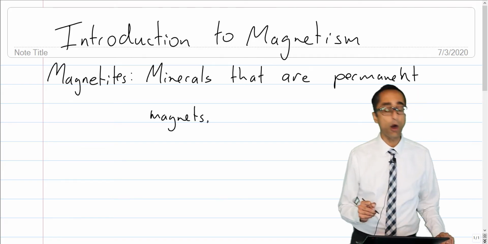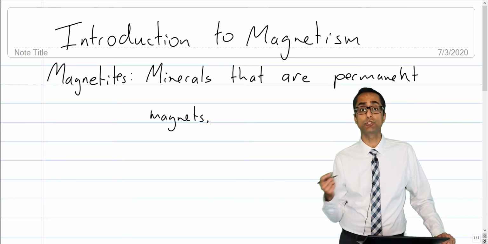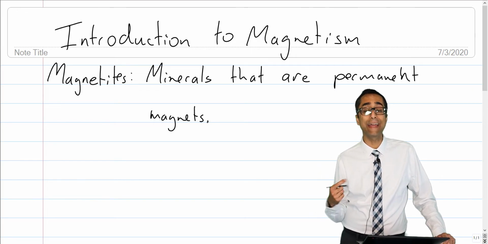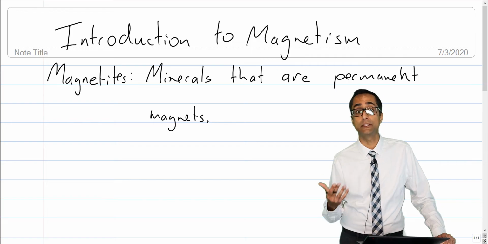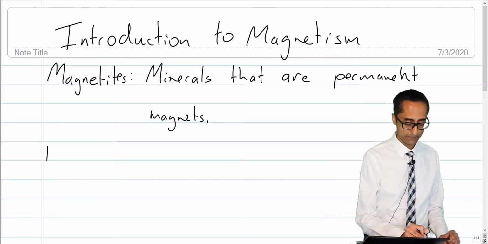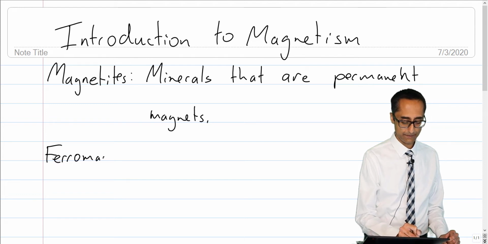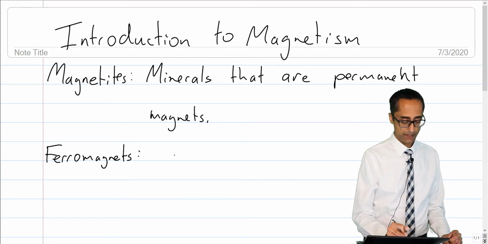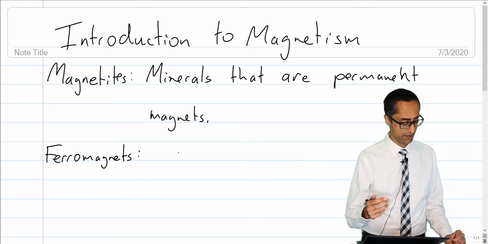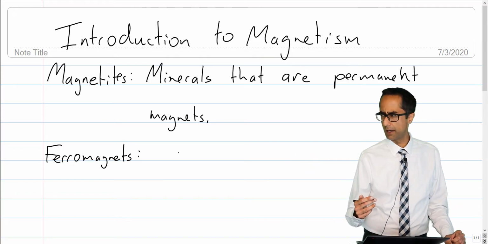There are other types of objects that can demonstrate magnetic properties, but the magnetism in them needs to be induced, and it can be taken away as well. And those types of objects are called ferromagnets. And you'll see the name itself, ferro, is Latin for iron, I believe.